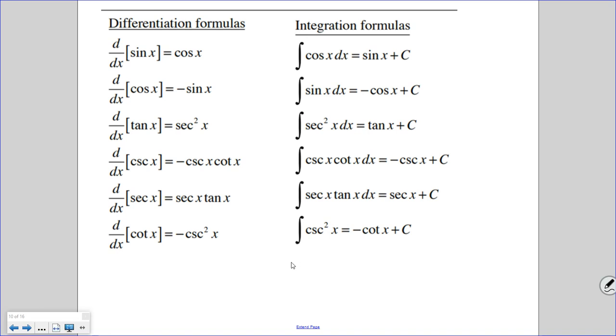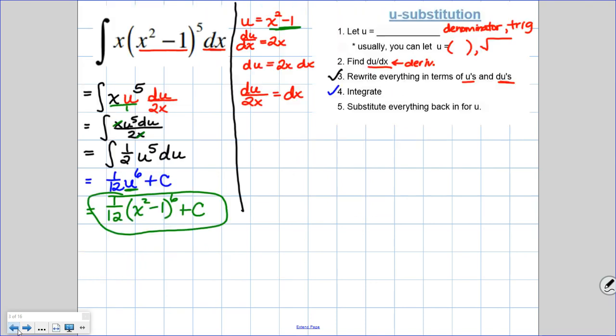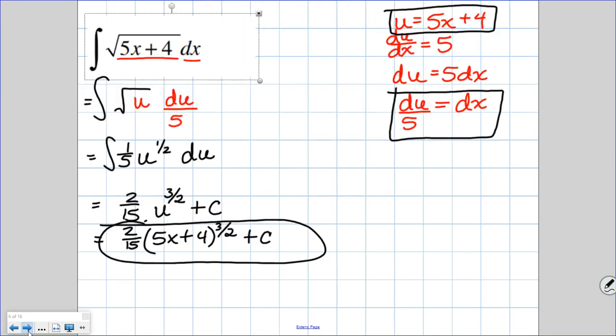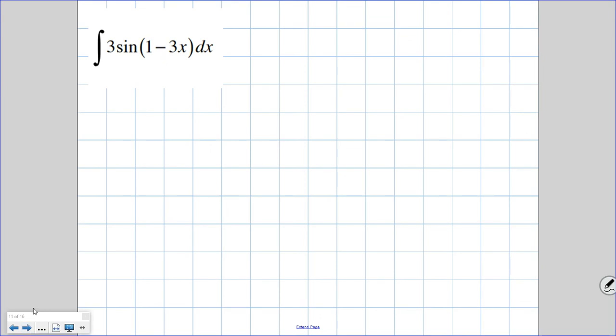So now we're going to do some u substitution with trig functions. So right here I have 3 sine of 1 minus 3x dx. Now remember earlier, way back, I said let u equal parentheses, we've done; square root, we've done; denominator comes up sometimes. Trig functions: whatever you're taking the trig function of, that's what you want to let u be. So if I have the trig function of something other than x, I need to use u substitution.